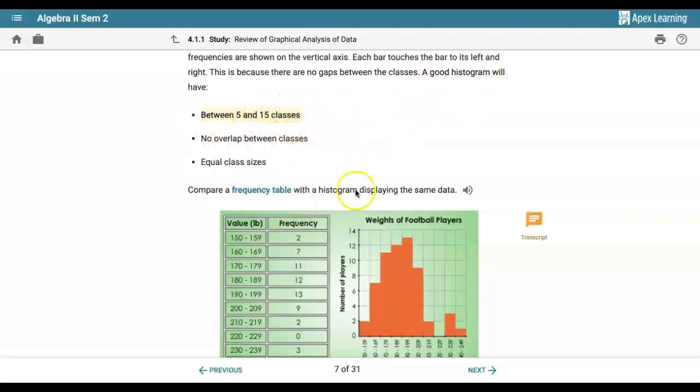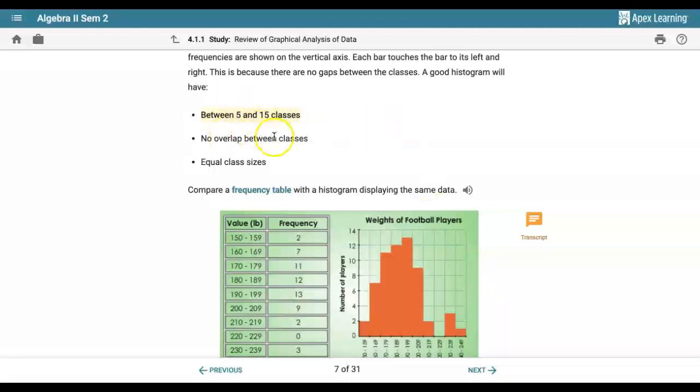If you get much more than 15, it spreads this out too thin and it gets difficult to see the data. If we have less than 5, it looks like a bar graph, and it is more difficult to see trends.